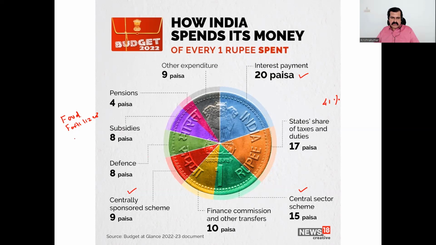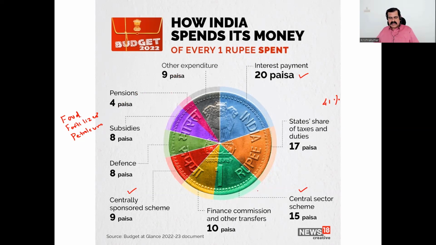We are also talking about petroleum subsidies. So multiple subsidies, and then pensions for government staff, which constitutes 4%, and then all the other expenses which are not accounted for here constitute another 9%.